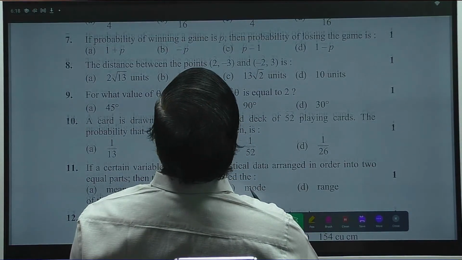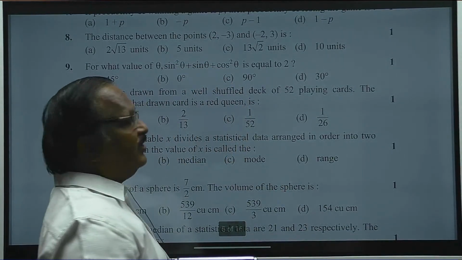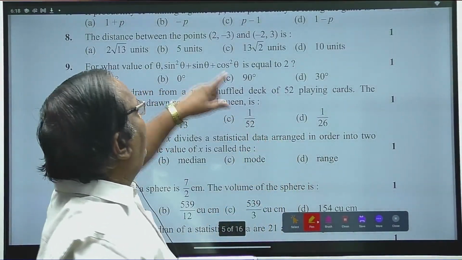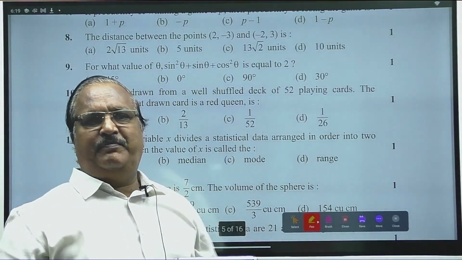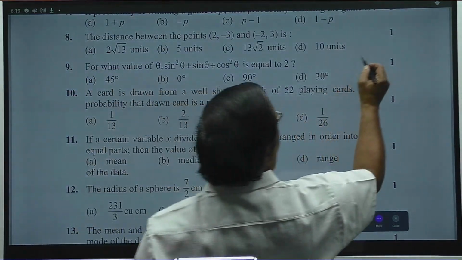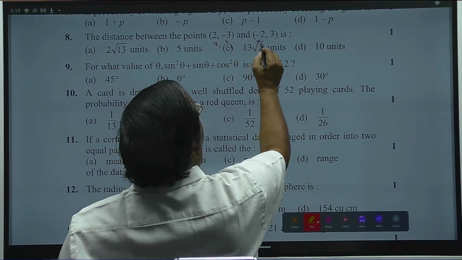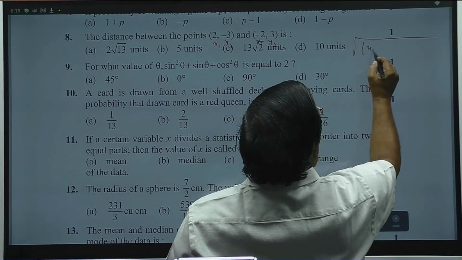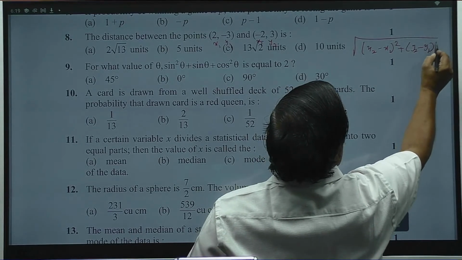Okay. So now let us go to the 8th question. The 8th question is again coordinate geometry. See, in coordinate geometry, before this the midpoint was given, now distance is given. So two questions have come of the same type. So distance between 2 and 3. So distance formula, this is x1 y1, x2 y2. This is the formula, x2 minus x1 whole square plus y2 minus y1 whole square.